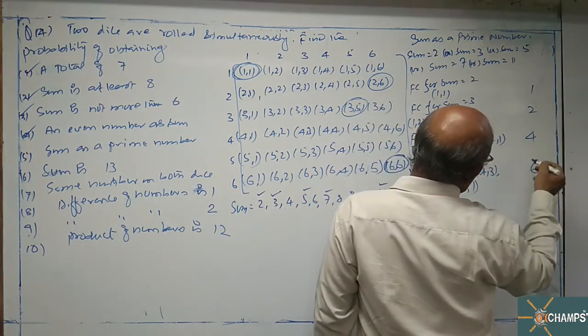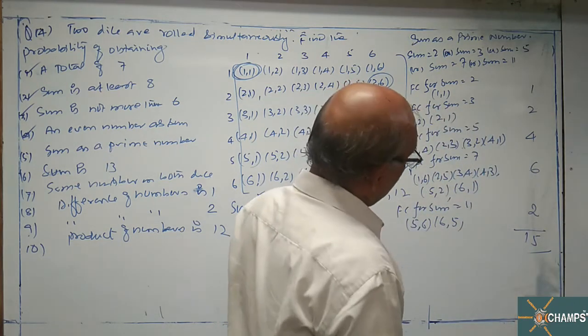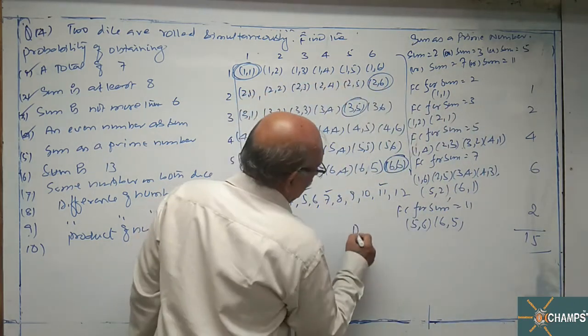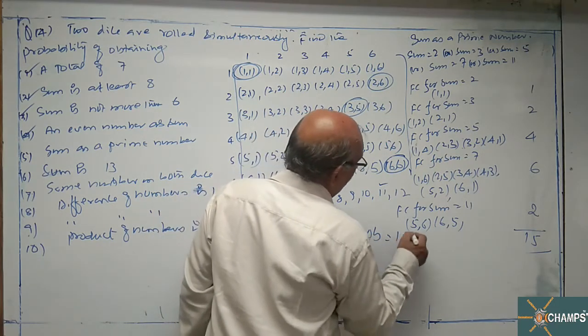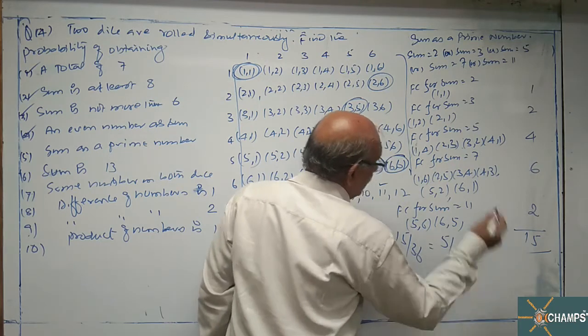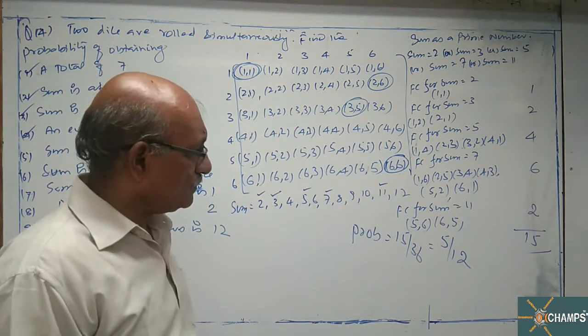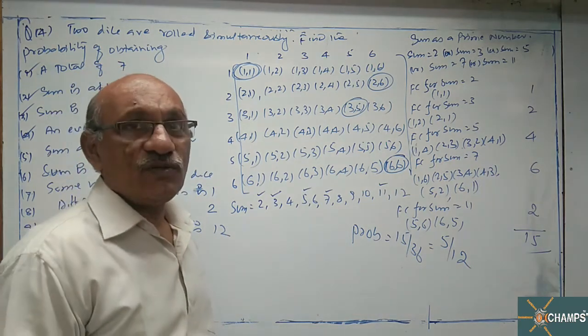So 1, 3, 7, 13, 15. Probability is equal to 15 divided by 36, 5 by 12. Okay, note down the solution, sir.